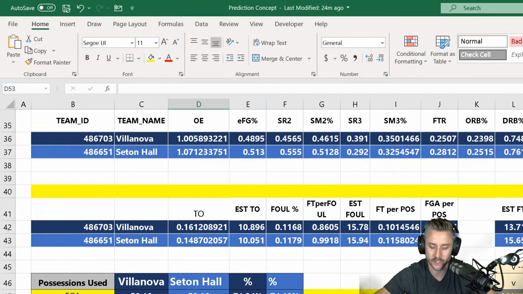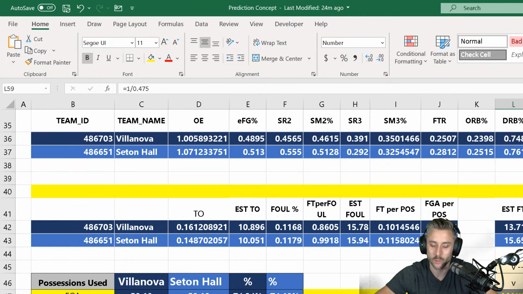Free throws. So here you go. Say a possession is used by a free throw. Well, 1 divided by 0.475 is about 2.11 free throws. So if Villanova's expected free throw percentage is 72.61, Seton Hall's free throw percentage is 73.45.